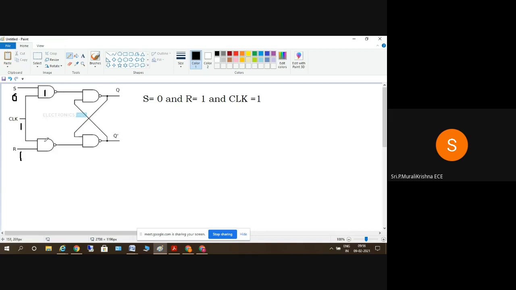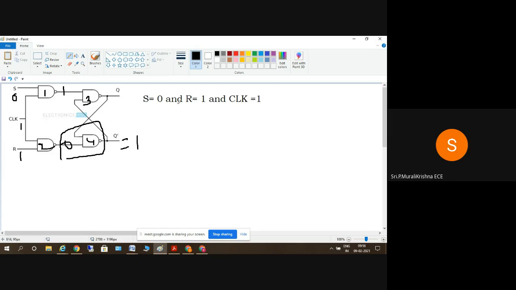This is the first gate, second gate, third gate and fourth gate. For the first gate, the inputs are 0 and 1. One of the inputs is 0, so the output is 1. For the second gate both inputs are 1, so the output is 0. When one of the inputs of a NAND gate is 0, what is the output? It is 1.